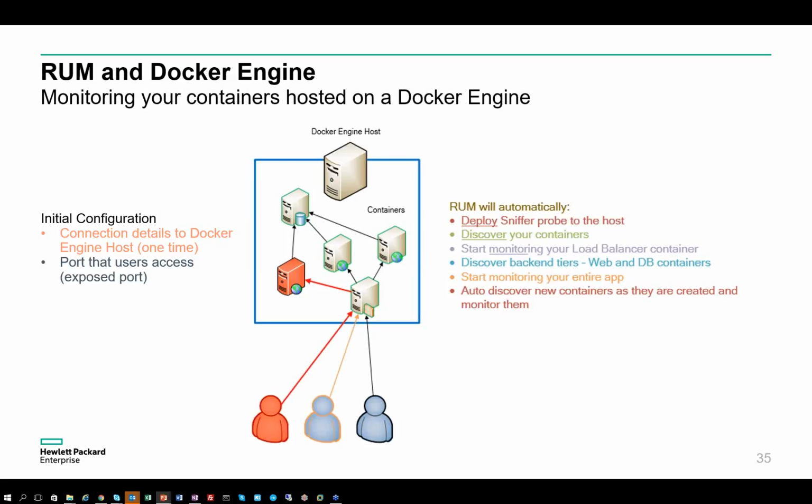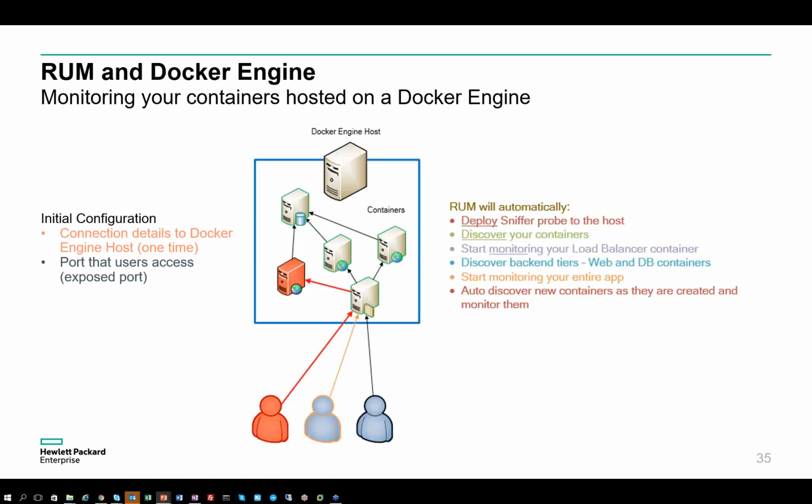It will discover the containers, and then it will start monitoring the load balancer container in that deployment. Through that, it will discover the various backend tiers like web and databases, and once it has all that, it starts monitoring the entire application.